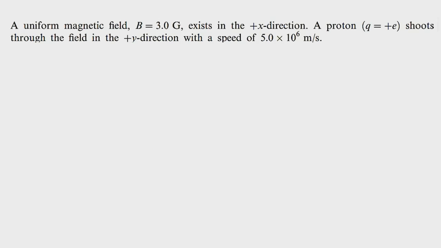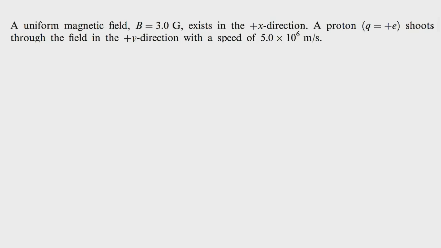In this example, a uniform magnetic field B is equal to 3.0 Gauss. Gauss is equal to 1 times 10 raised to the negative 4 Tesla. The field exists in the x direction.